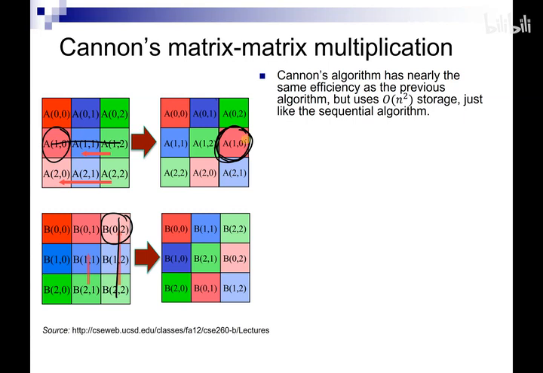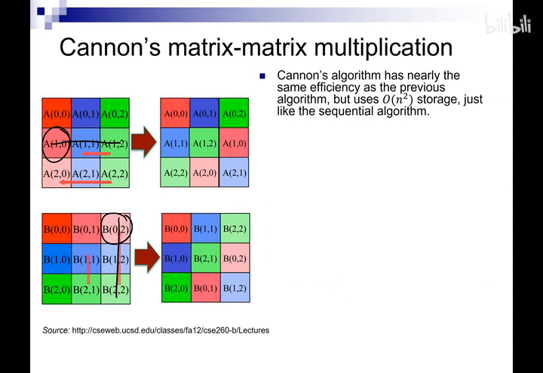After the shifting, this processor has A10, and he also has B02. So if he multiplies those, he ends up with part of the C output, the red part of the C output. And you can see that this is true for all of the processors.